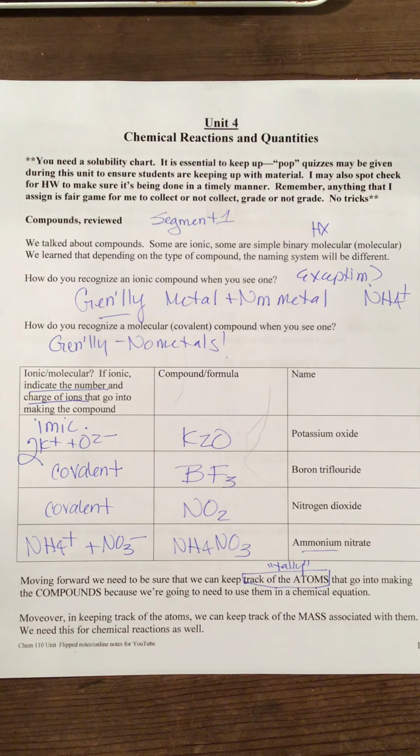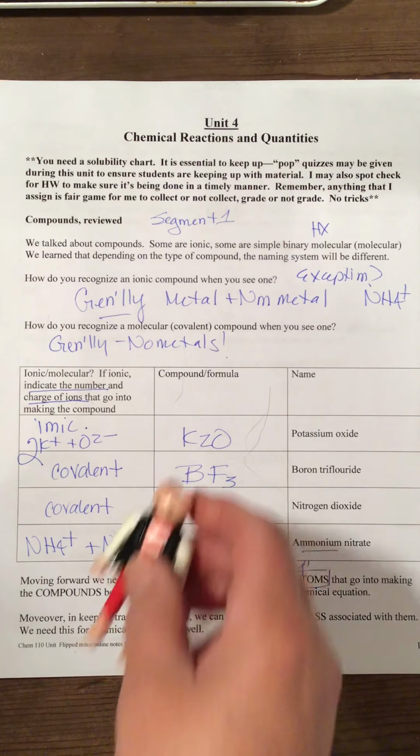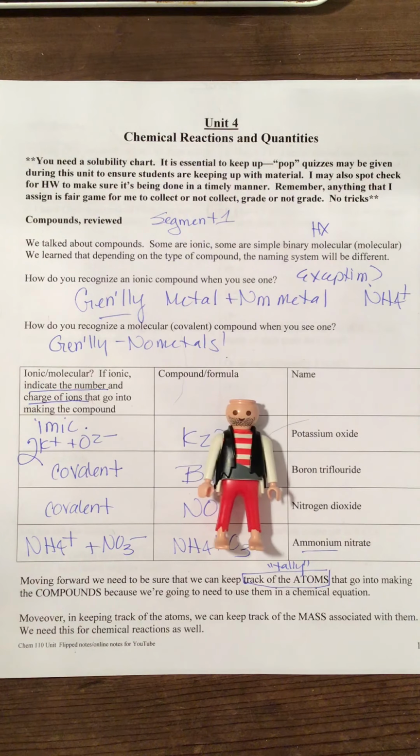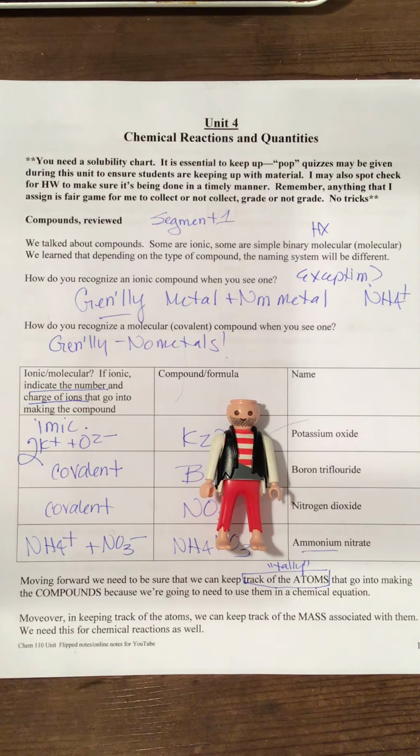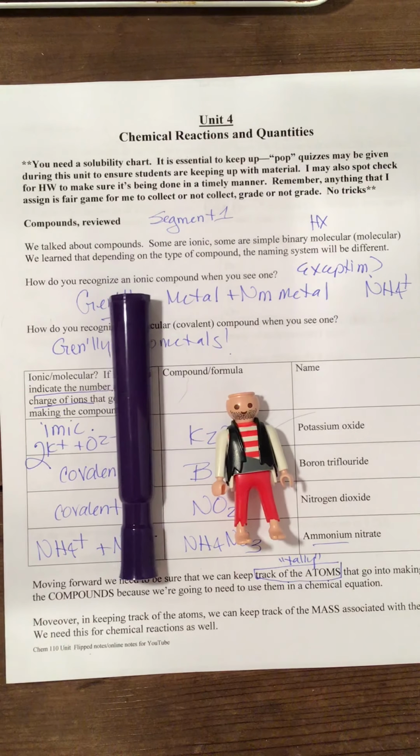Now, the other thing is once we count or tally our atoms, they're going to have mass, okay? So our little Lego man here, if you can think of him as being an atom, he's going to have mass. And if I have two of them, let's see what I got in my visual aid arsenal here. Okay, well, I got two of them.